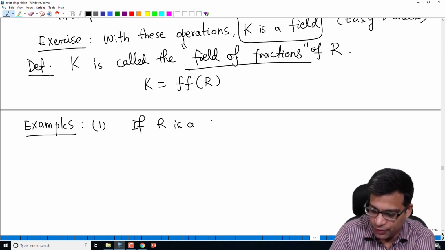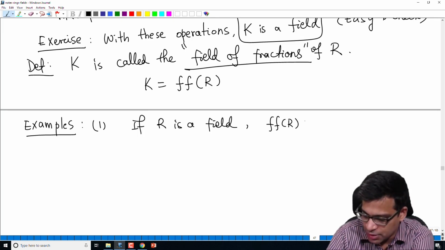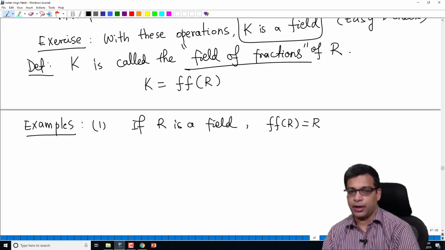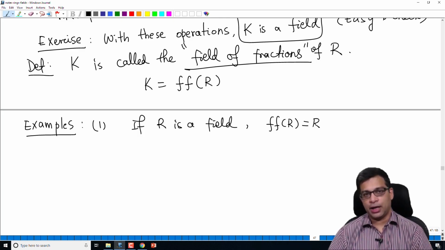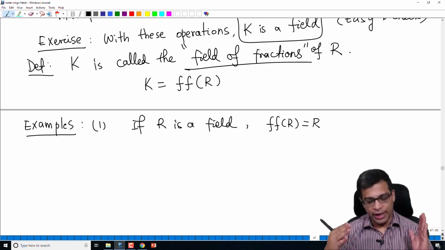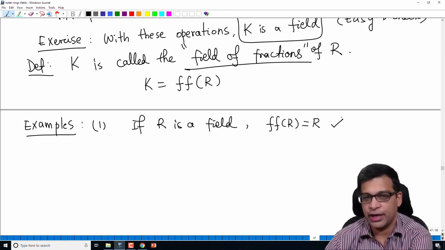If R is a field, already R is a field, what is the field of fractions of R? It is just R, right? Because you take fractions of elements of R, they are elements of R again, because R is a field. If a and b are in R, and b is non-zero, then 1 by b is in R because R is a field. So a is in R, 1 by b is in R, so a times 1 by b is in R. So you get nothing new.